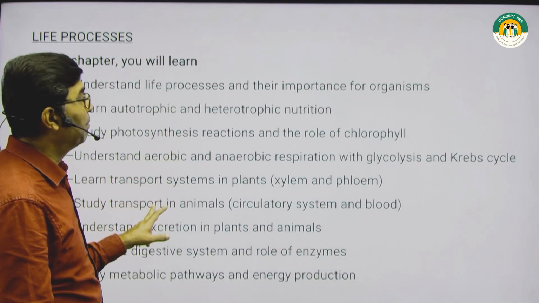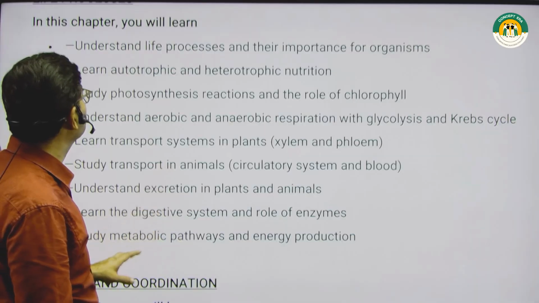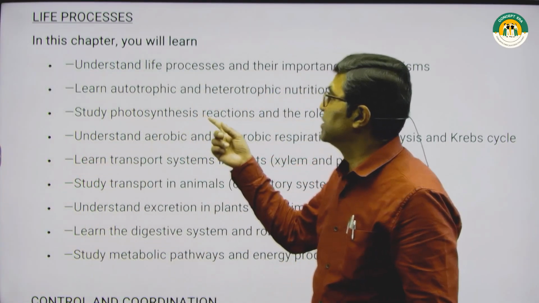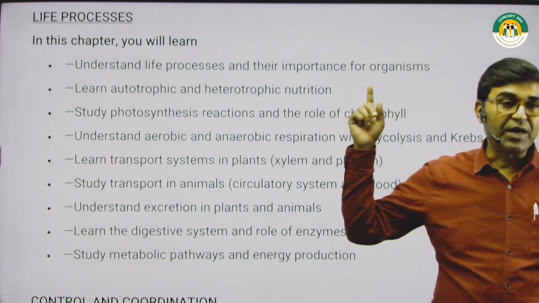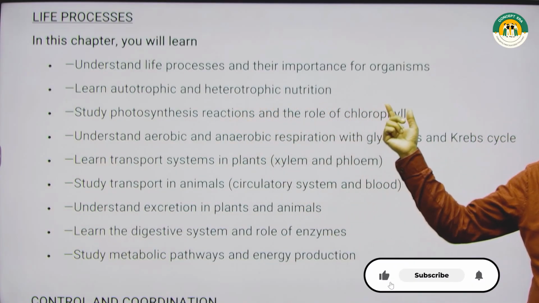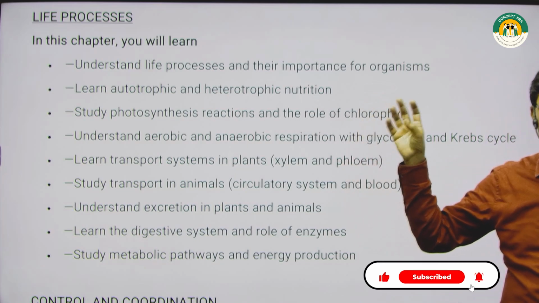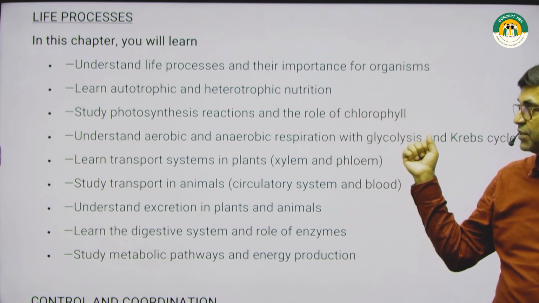Now comes the biology portion. First chapter is life processes. In life processes, understand what life processes are and what their importance is. There are four life processes: nutrition, respiration, transportation, and excretion.